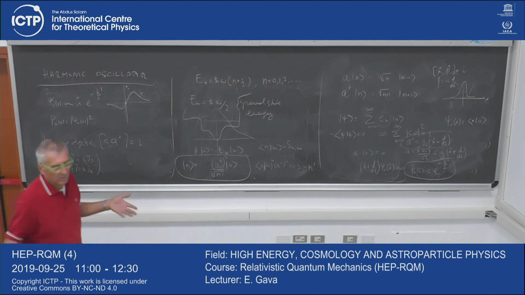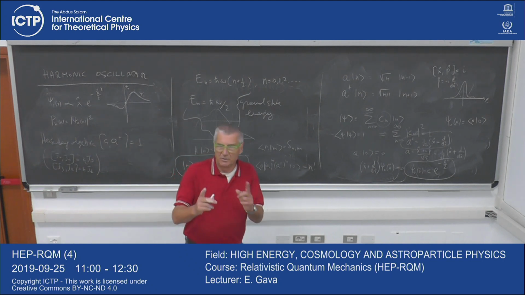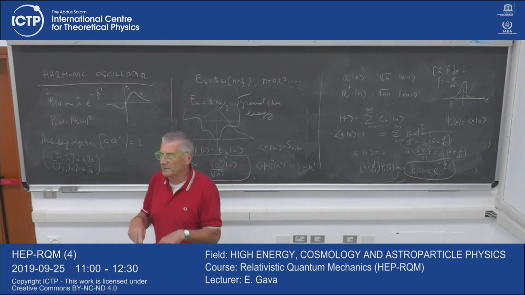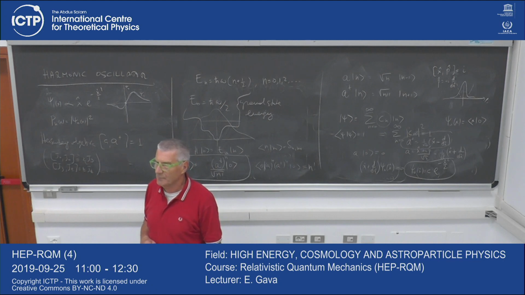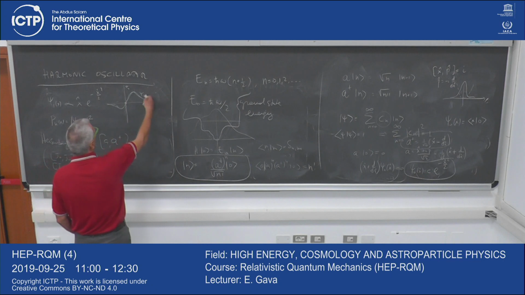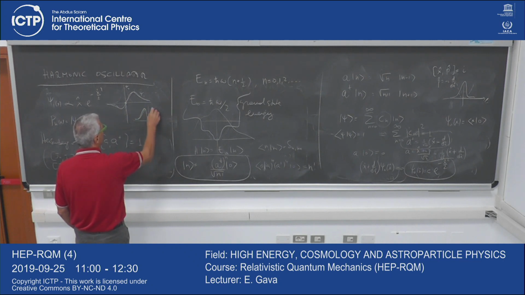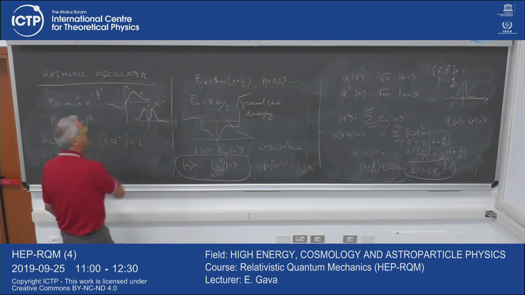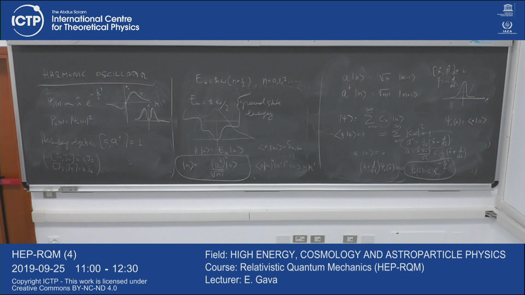But if you integrate over some region, it gives the probability of finding the particle in that region, which is less than 1. If you square this, you find something like this, and it must always be positive. Okay, this is the way it is.